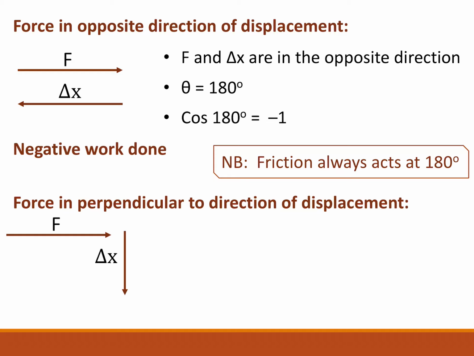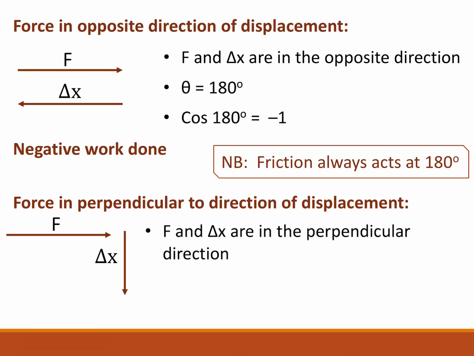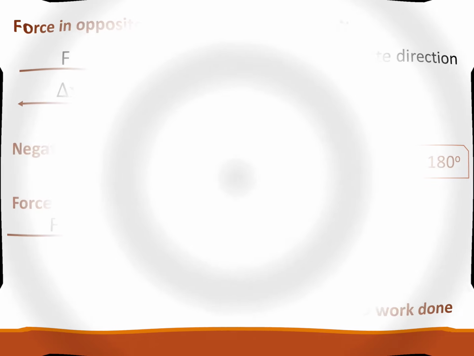You'll see them as we go along. But here, the force could be left or right, and the displacement could be up or down. It doesn't matter. The point here is that F and delta x are perpendicular, which means theta is 90, and cos 90 is 0. So no work is done by this force, because the force and displacement are at 90 degrees to each other.